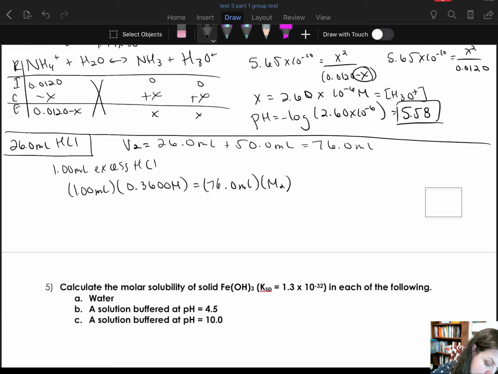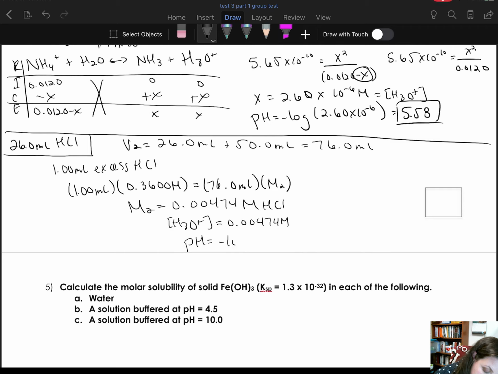When we solve for this, we get an M2 value of 0.00474 molar HCl, which means that our hydronium concentration, since it's a strong acid, is 0.00474 molar. And we can solve for our pH, and we get a pH of 2.32.